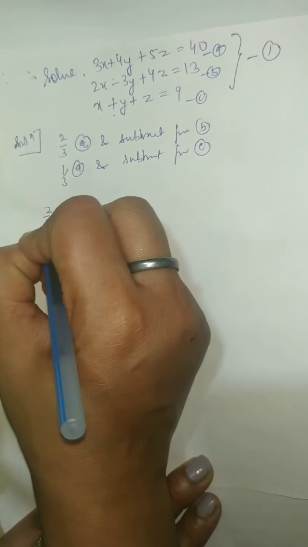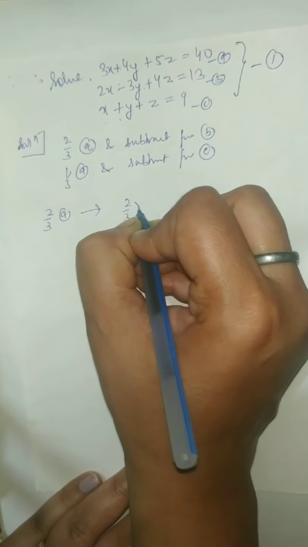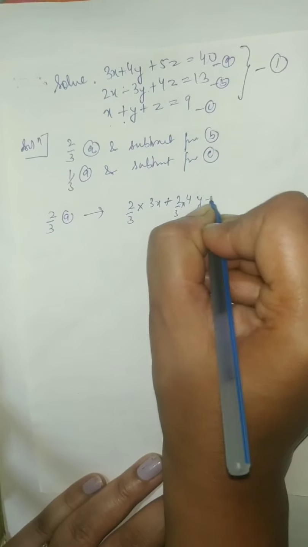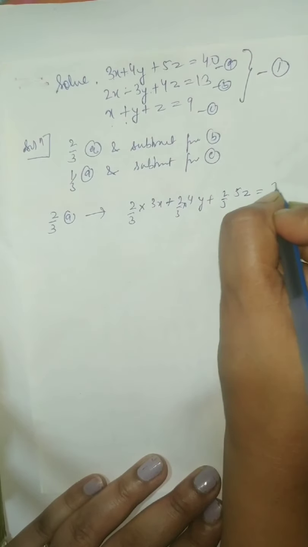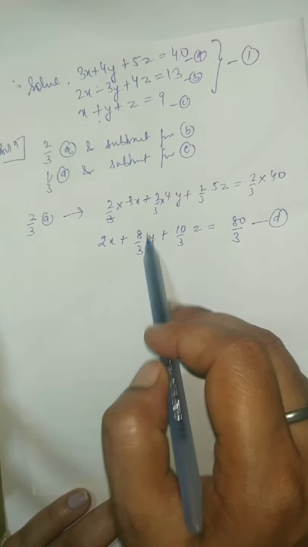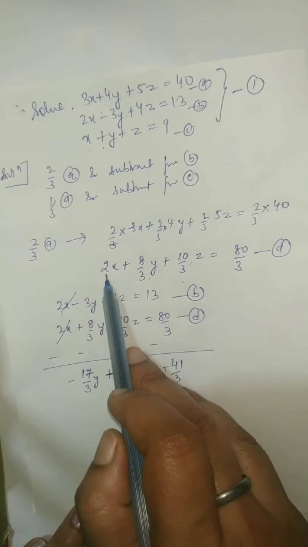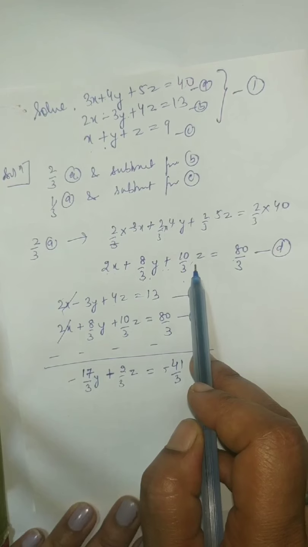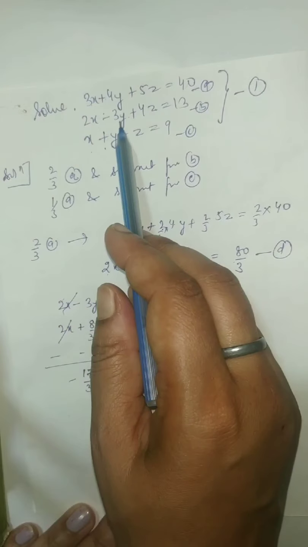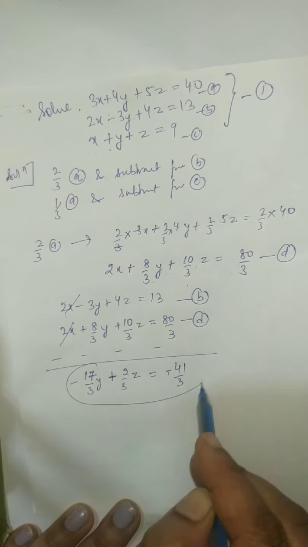After multiplying 2 by 3 with equation a, we get 2 by 3 into 3x plus 4y plus 5z is equal to 2 by 3 into 40. So we get 2x plus 8 by 3 y plus 10 by 3 z is equal to 80 by 3, and then subtract it from 2x minus 3y plus 4z is equal to 13, this is b. After subtracting we get this equation.